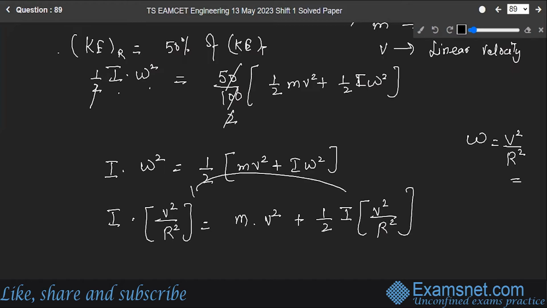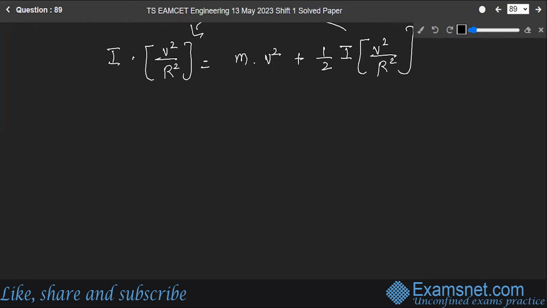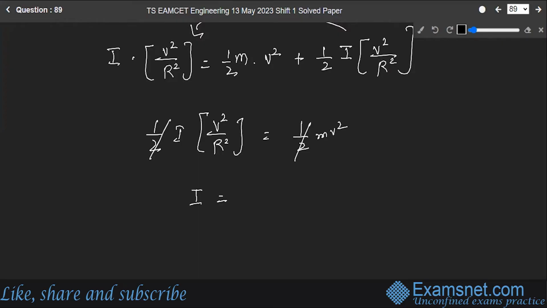I'll take this on the left hand side, and this will be equal to half I v square upon r square is equal to half mv square. Here half will cancel. You will have I is equal to m into r square. So this is the moment of inertia of a thin circular ring.